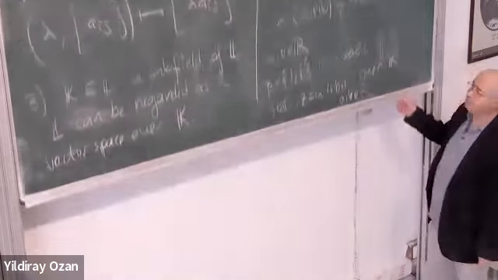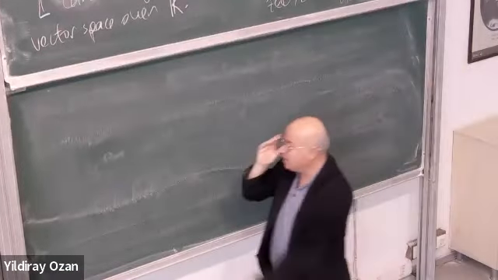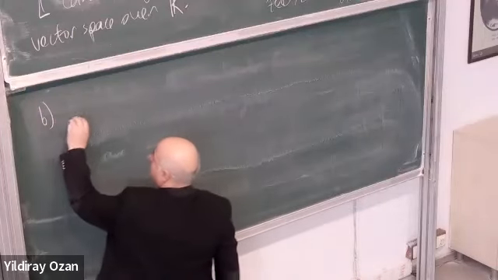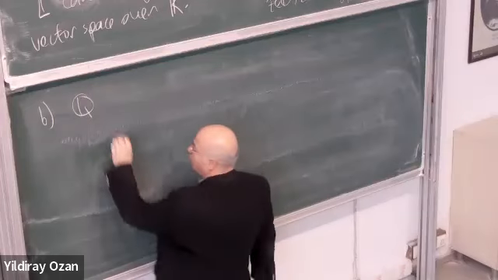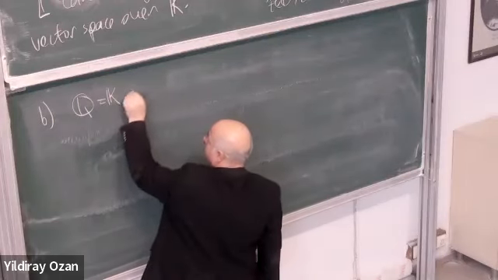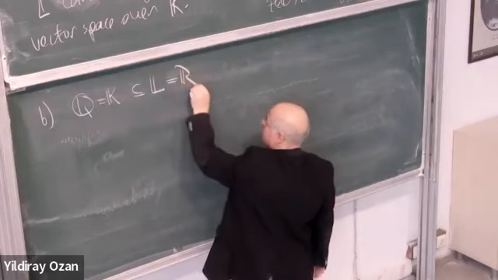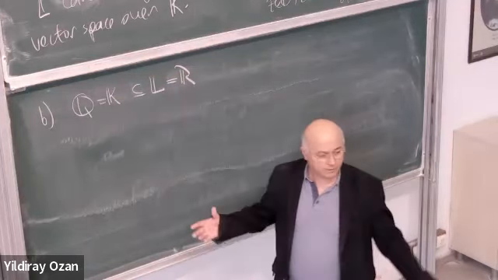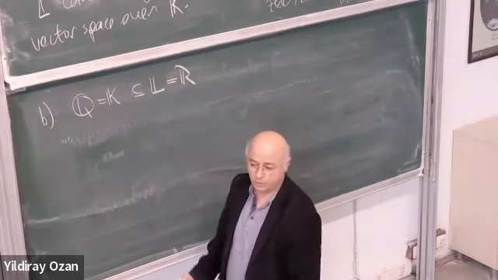Your friend asked the following. Well, there are other fields, right? For example, I may consider rational numbers as one field. So this is one field. And this is the subfield of real numbers. And real numbers becomes a vector space over Q, right?